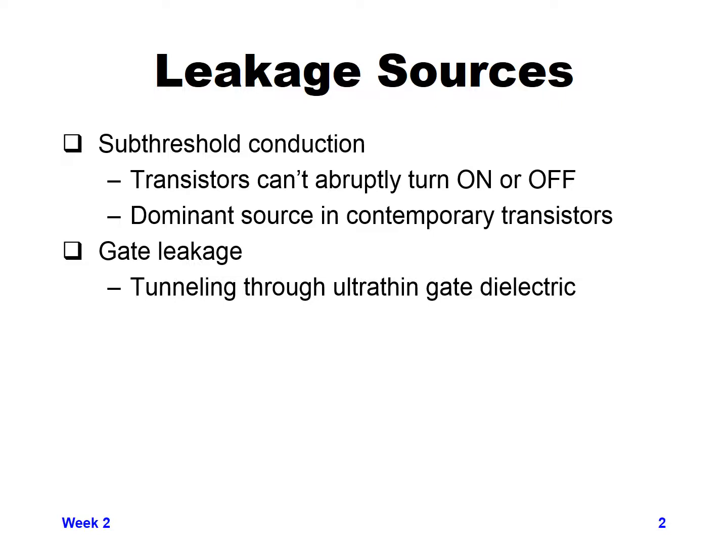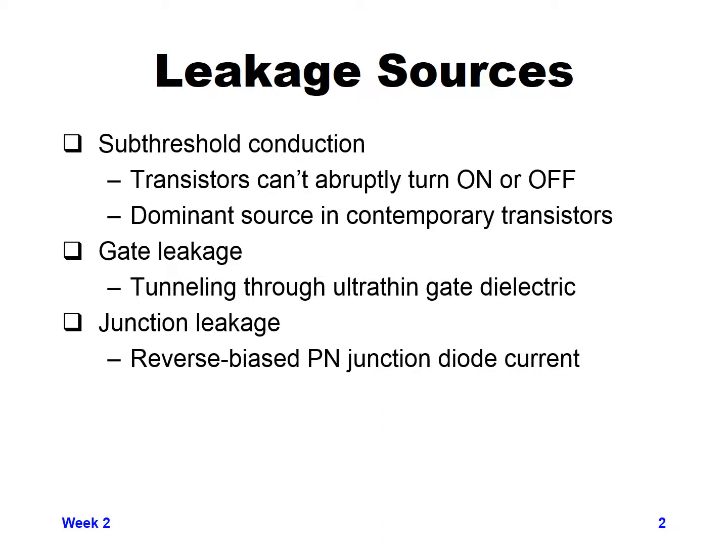And it got large enough that they actually went to different dielectric materials. And so nowadays in modern processes with the smallest transistors, you tend to not have gate oxide anymore. You have other more exotic dielectric materials being used in order to try and reduce that gate leakage by a larger factor.